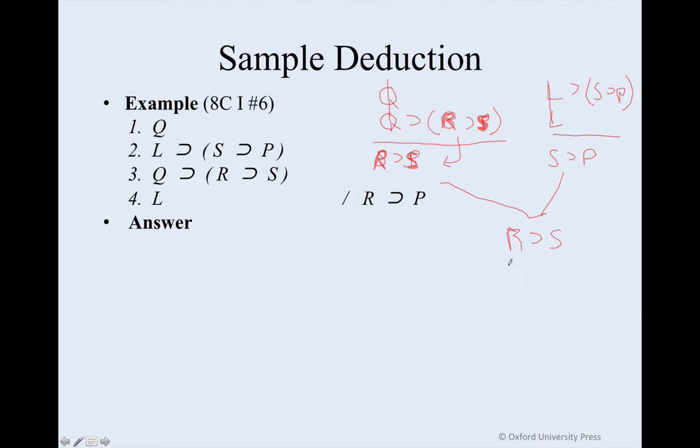R horseshoe S, S horseshoe P. What's the rule that allows you to yield, by way of 2 horseshoes and a repeated term, the antecedent of one horseshoe and the consequent of the other? That's hypothetical syllogism. And up here we have 2 Modus Ponens moves. What do you think?